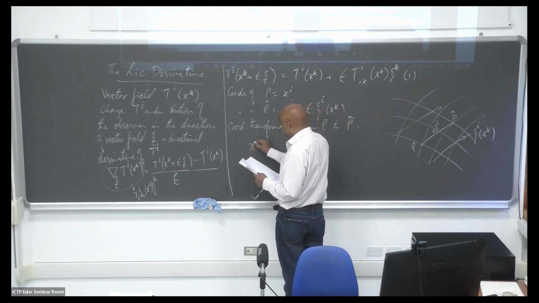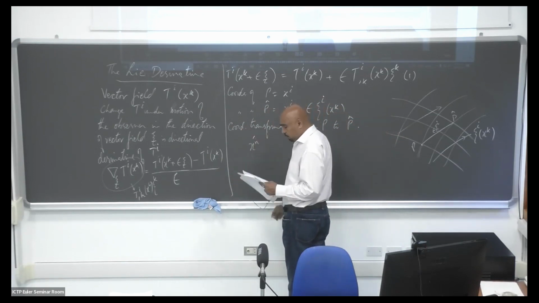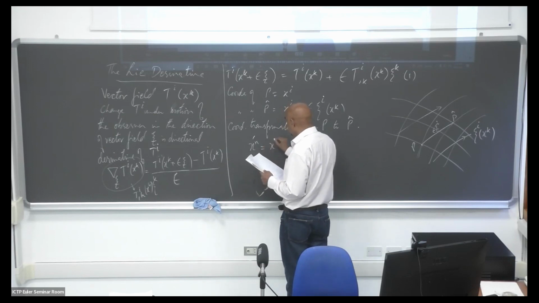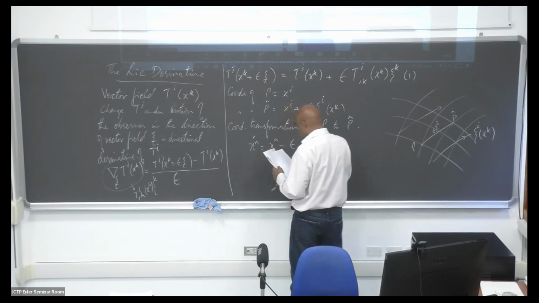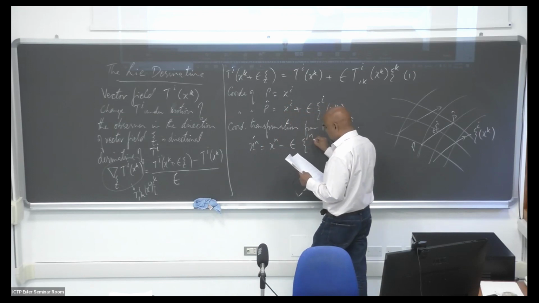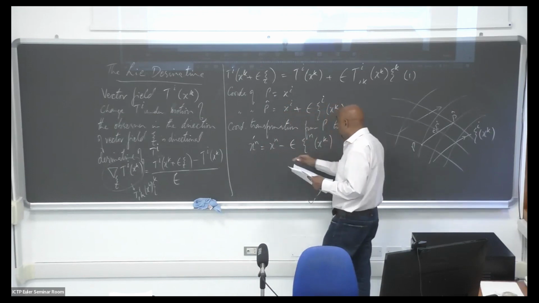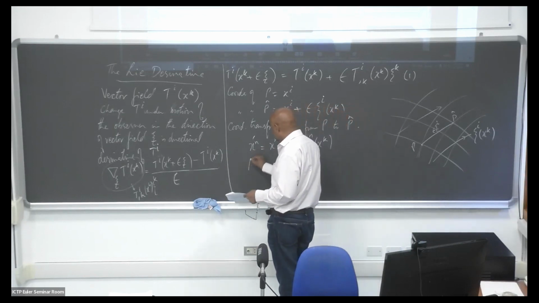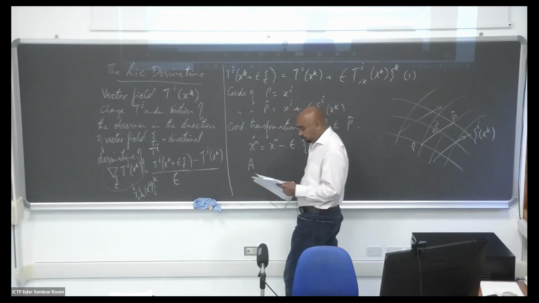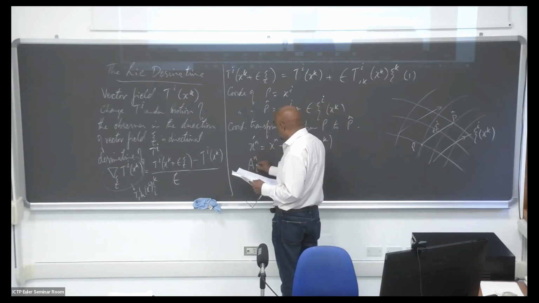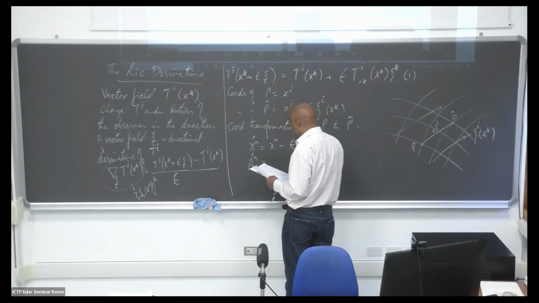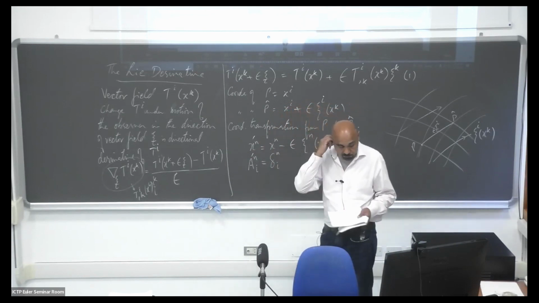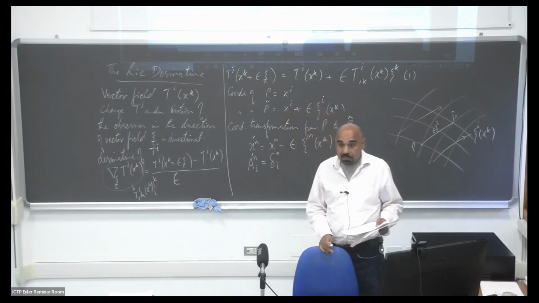So for example, the coordinate transformation for the coordinate xn is represented by xn minus epsilon xi and xk for the new coordinates. And if it is an object like a matrix with two indices, this will be in new coordinates given by this prime with this, the matrix of like Jacobian.